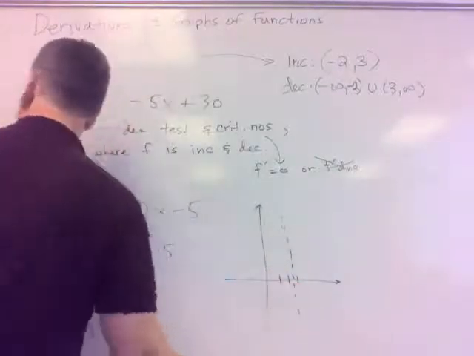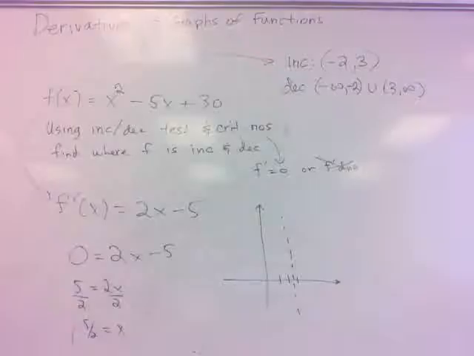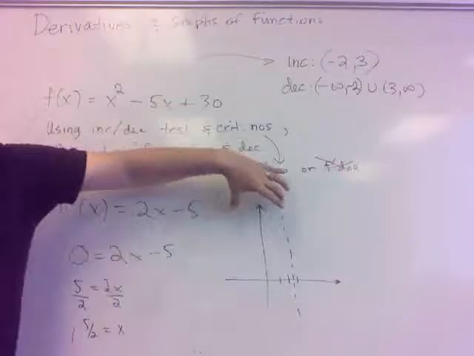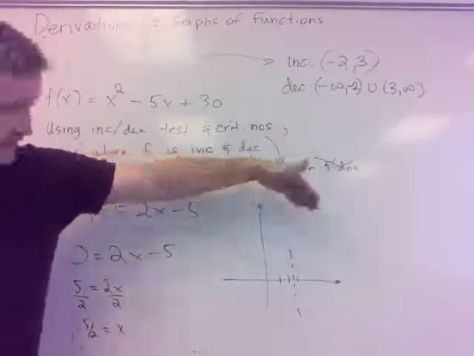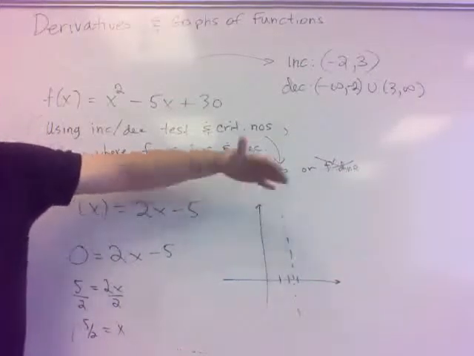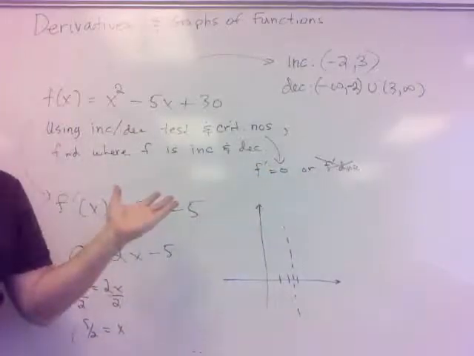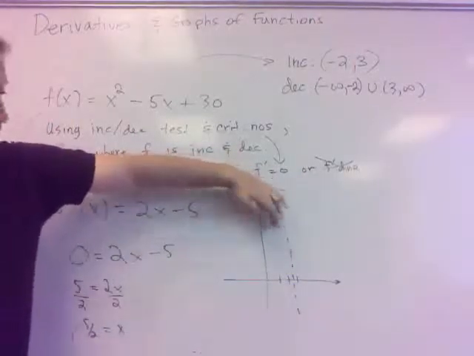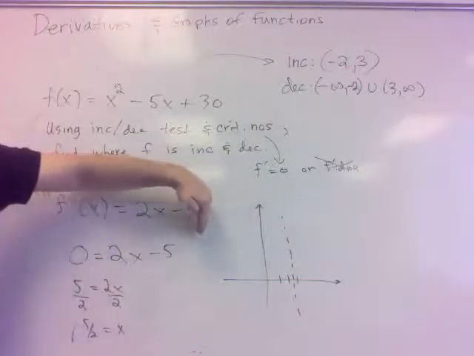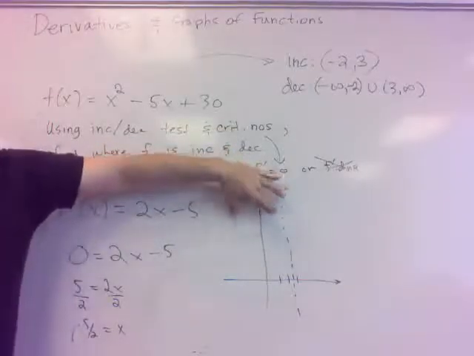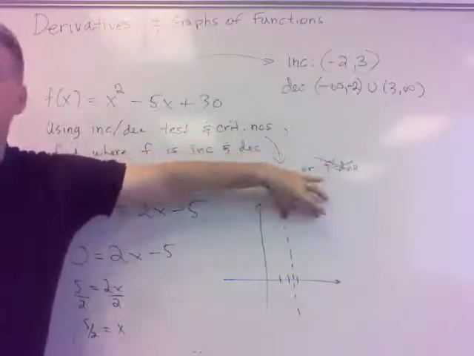I'm going to break up the graph into those parts, because what we saw was on one side it's either increasing or decreasing all the way through, right? It's not going to be increasing on part of this over here and then decreasing. The critical number divides it up. So it's either increasing or decreasing on this side, and then increasing or decreasing on this side.